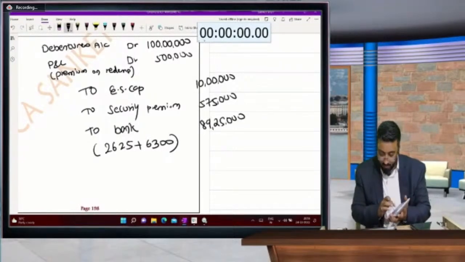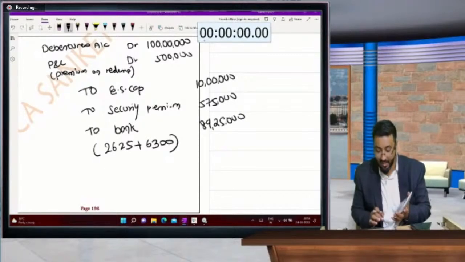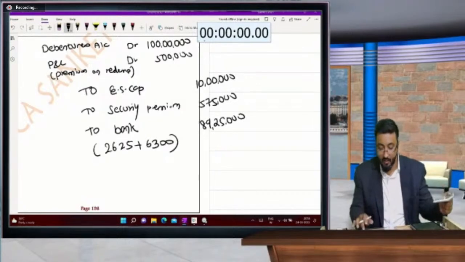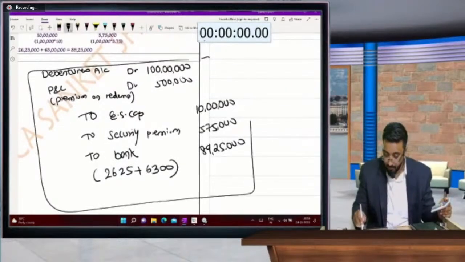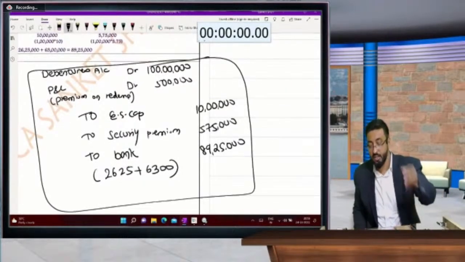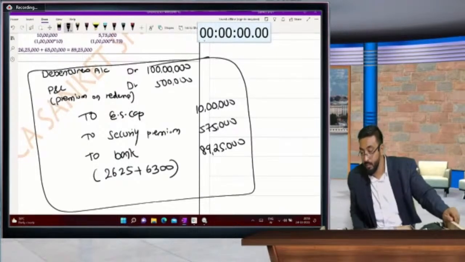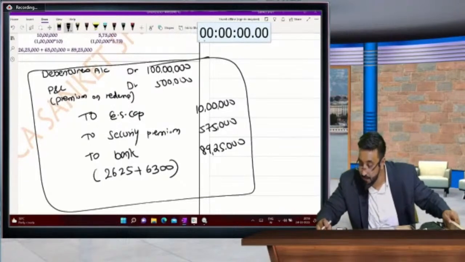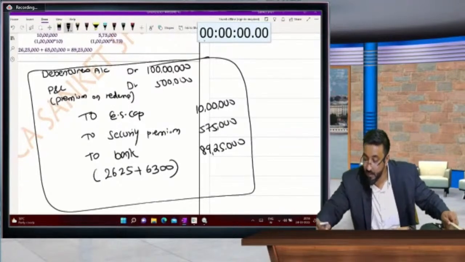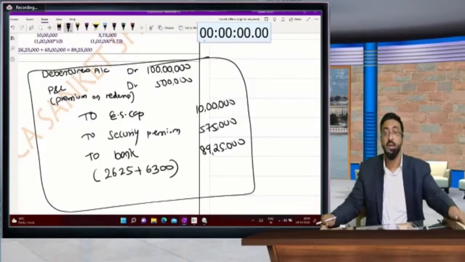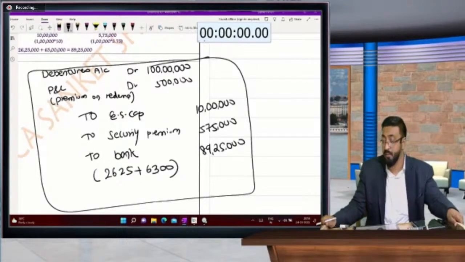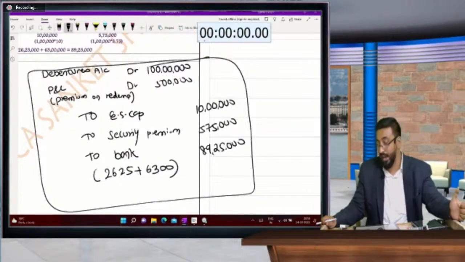See the total, 1000 plus 575, yes beta, it is matching. So this is the end effect. You can write this entry: debentures account debit directly. So debentures is going to cancel. Excess amount 5% we are going to pay from P&L. So equity share capital is increased, security premium is increased, and bank balance.